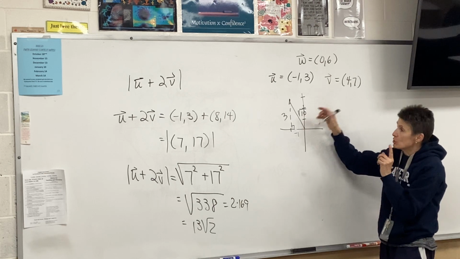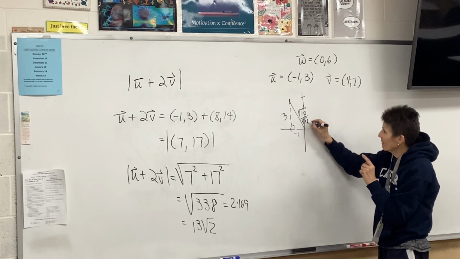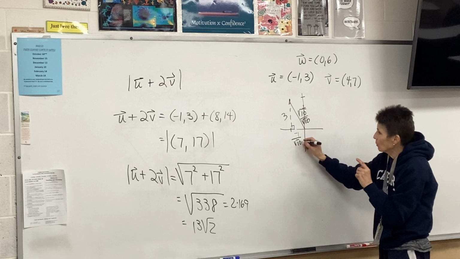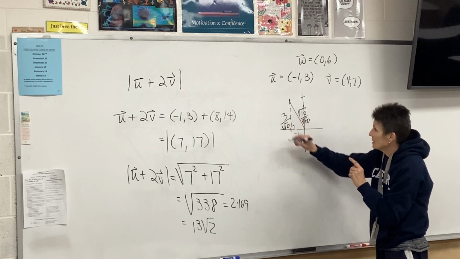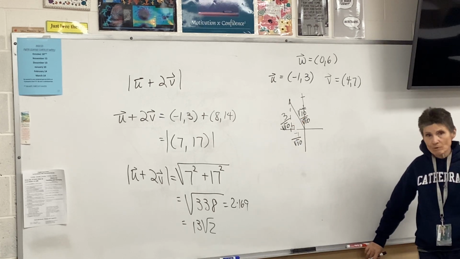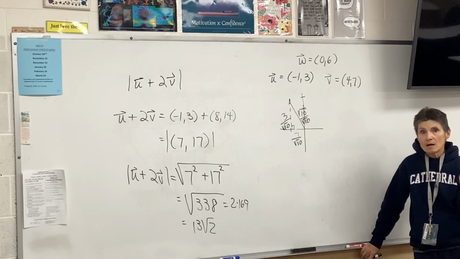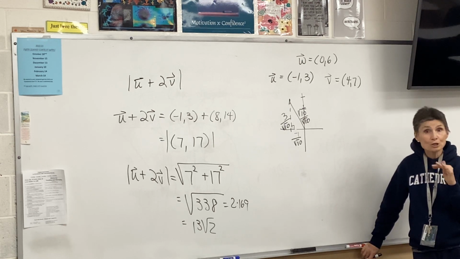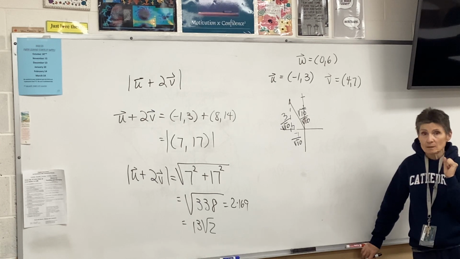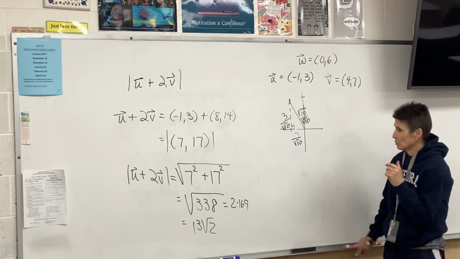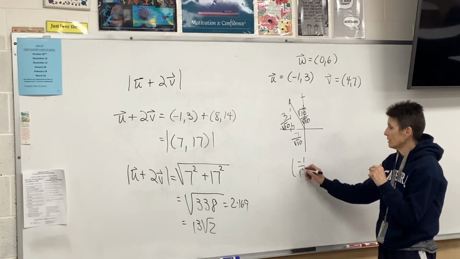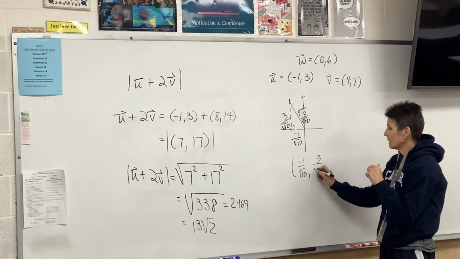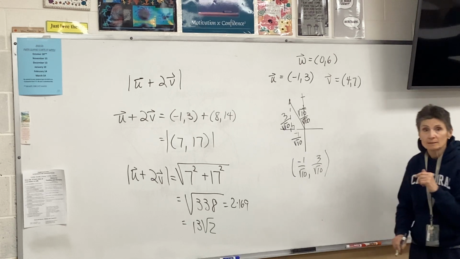So to do that, I'm simply going to divide everything by the square root of 10. Because if I divide everything by the square root of 10, I haven't changed any proportions, I've just made it smaller. Now it's a unit vector. Its coordinates are negative 1 over root 10, comma, 3 over root 10.